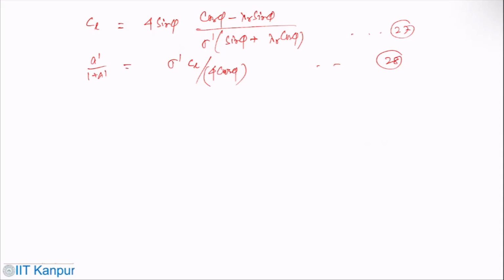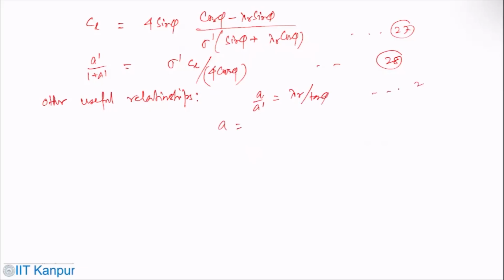Other useful relationships can be derived, which are a by a prime equals lambda r by tan phi.